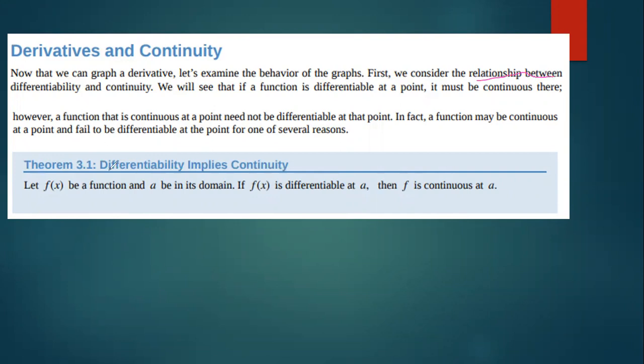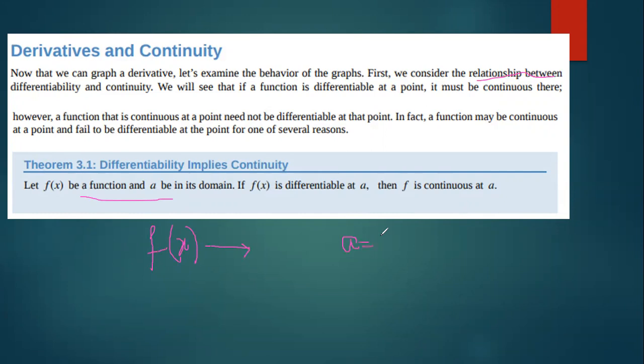This theorem states: let f of x be a function on an interval (a, b) in its domain. If f of x is differentiable at a, then f is continuous at a. This means that f of x is a function, and a is basically in the domain.